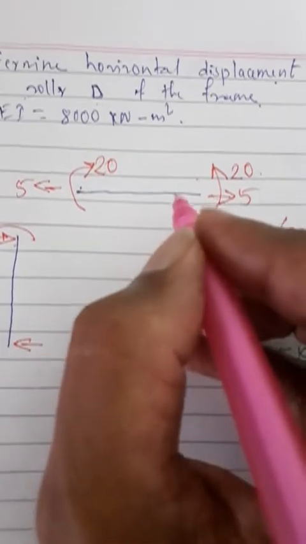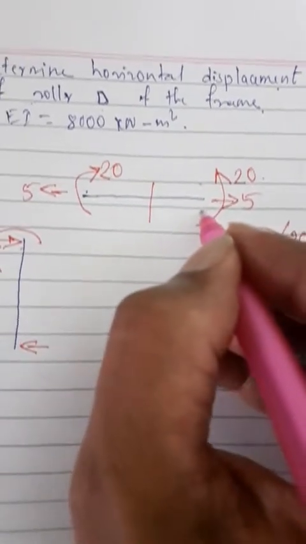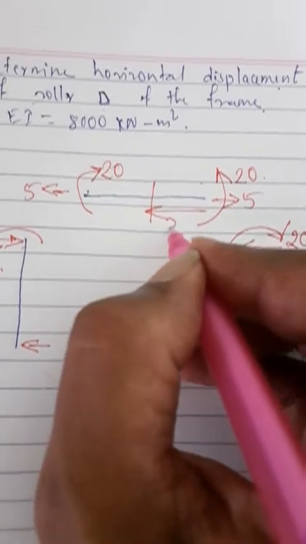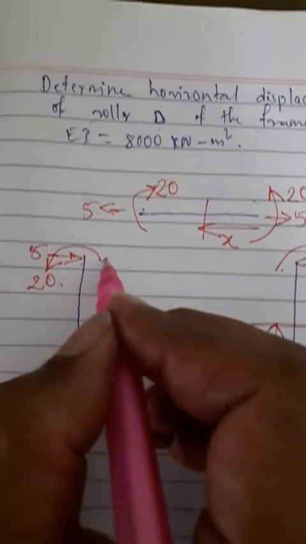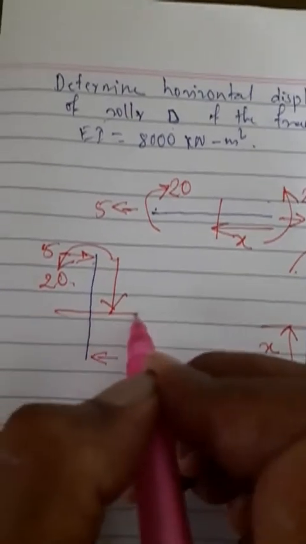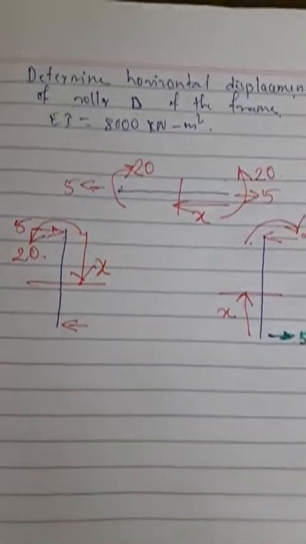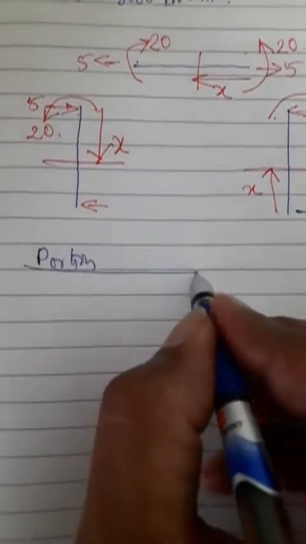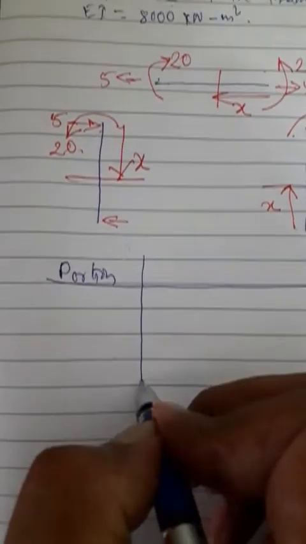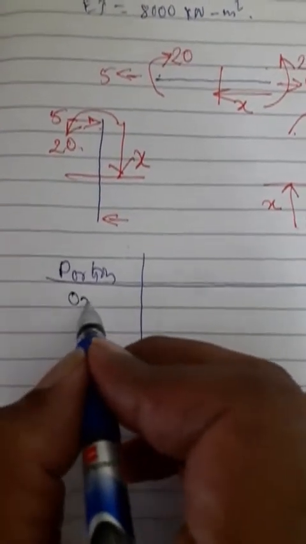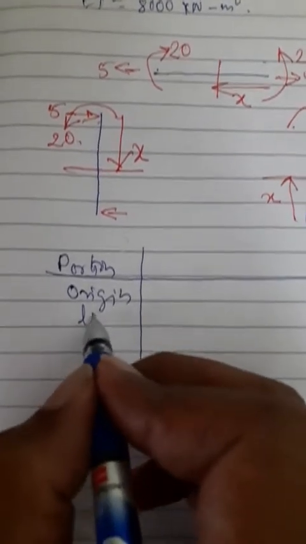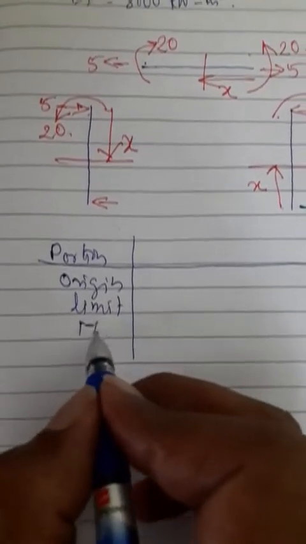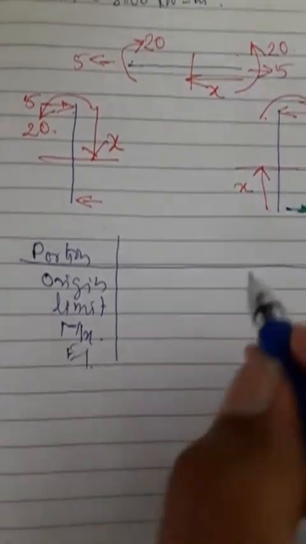For section BC, I start from C, go towards here. Let this distance be X, and here I start from this end, go till here. Let this distance be X. So I am going to put that in a tabular form: portion, origin, limit, moment value Mx, EI.